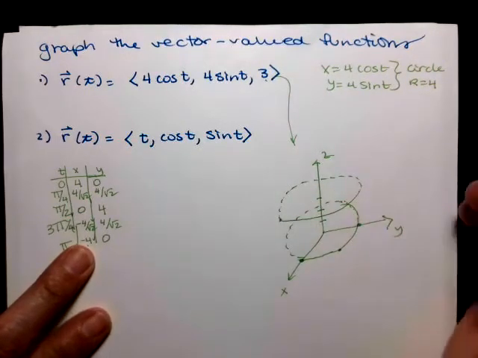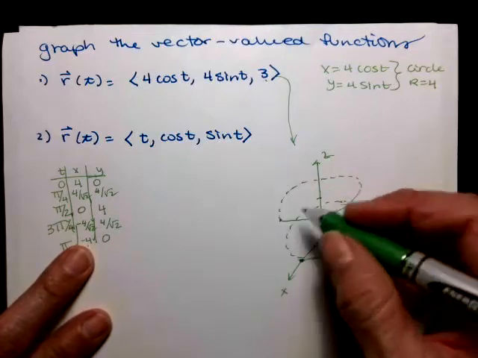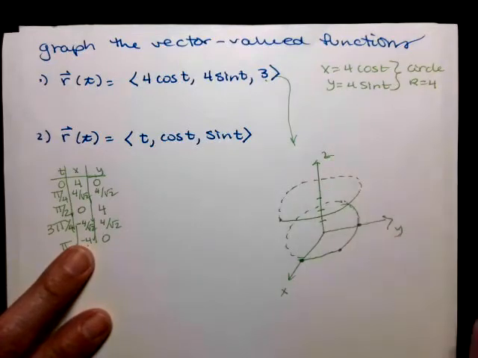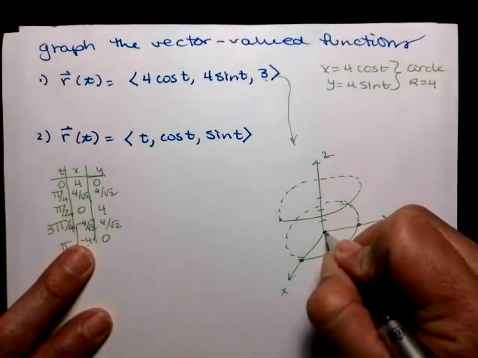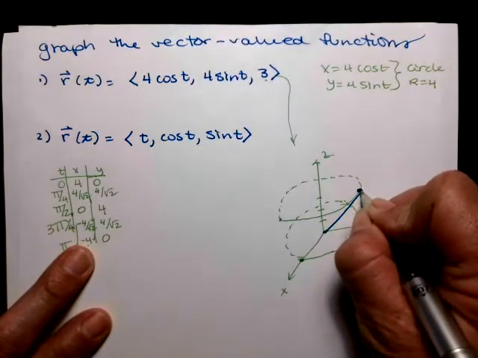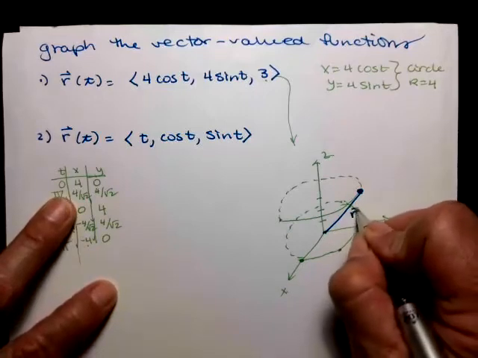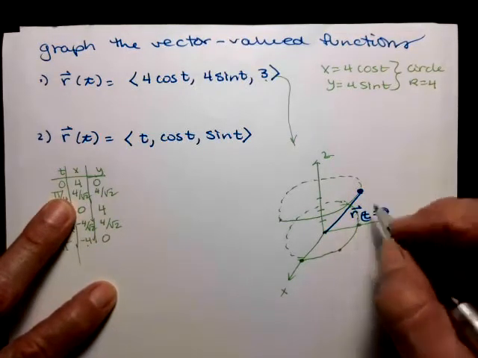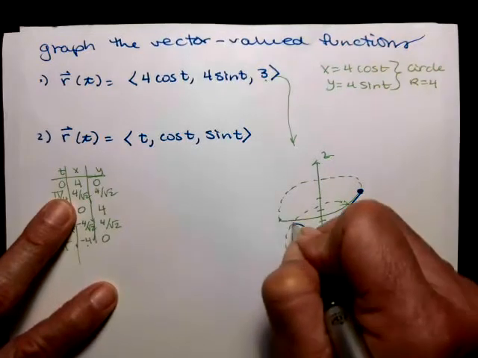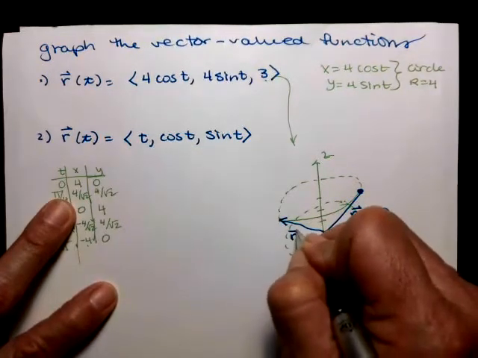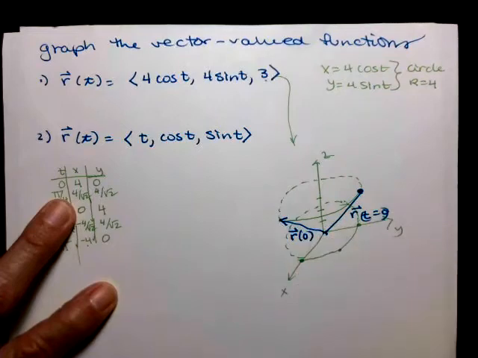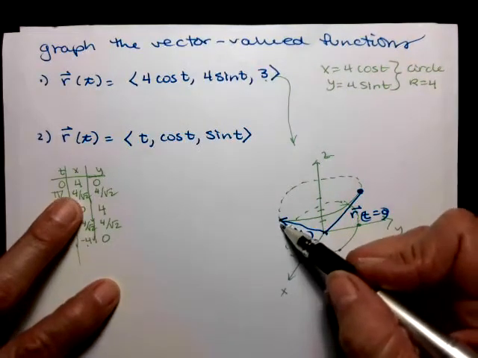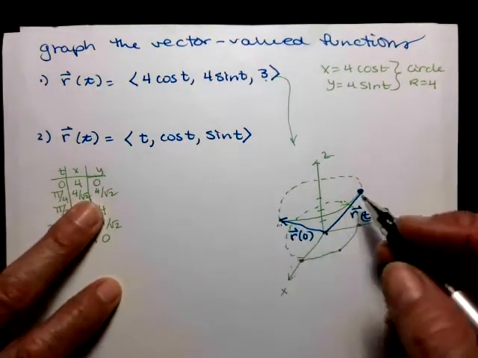Okay. So what's happening? This is the trace that I was talking about, the tips of those vectors. What we're really doing, though, is those r vectors. So here is the r when t equals 0. Here's my r of 0, starting at the point 4, 0, 3.